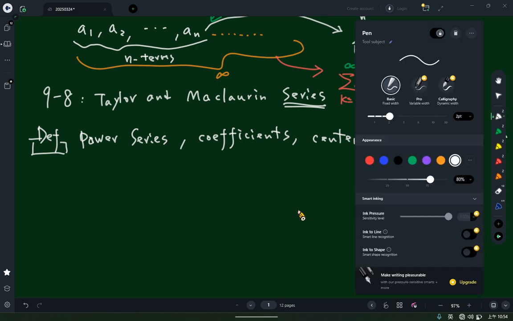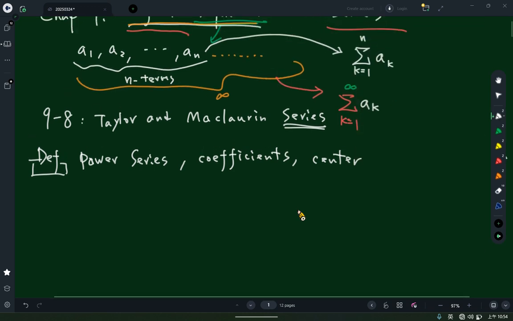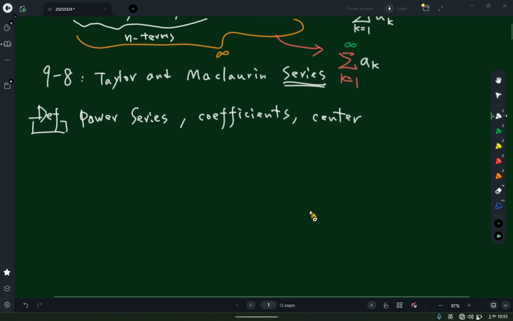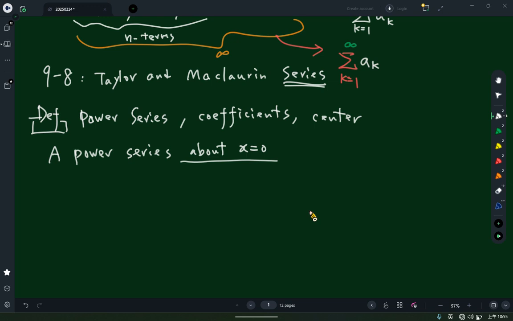A power series about x equals 0 is a series of the form sigma, n from 0 to positive infinity, Cn x to the power n.